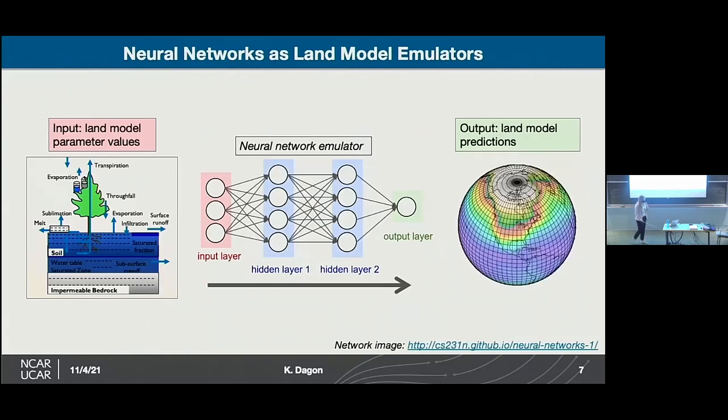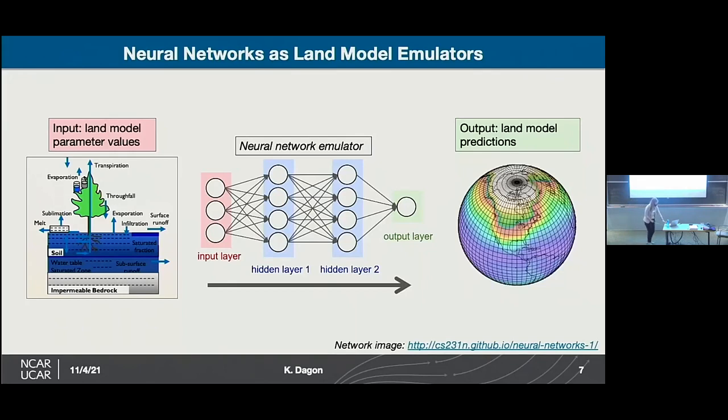So the basic setup here is that we're using neural networks as land model emulators. So the input to the neural network will be various parameters in the land model that we've determined to be important or highly sensitive. And then the output will be based on land model predictions. So I'll talk about the training data on the next slide, but this setup is somewhat flexible, but the results are very much dependent on the specific parameters and the specific output fluxes that we're looking at in the land.